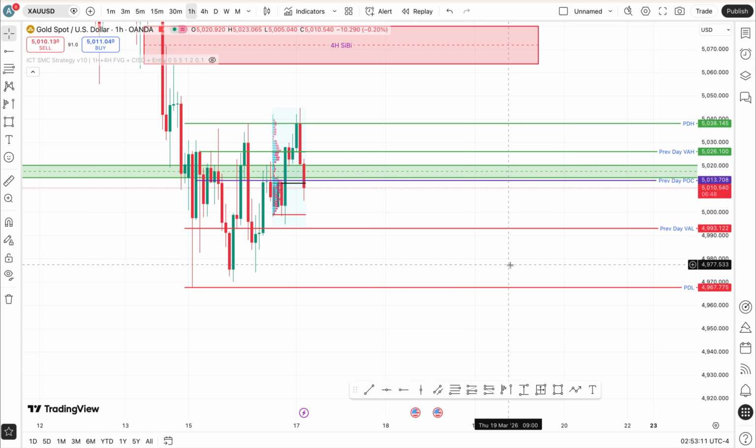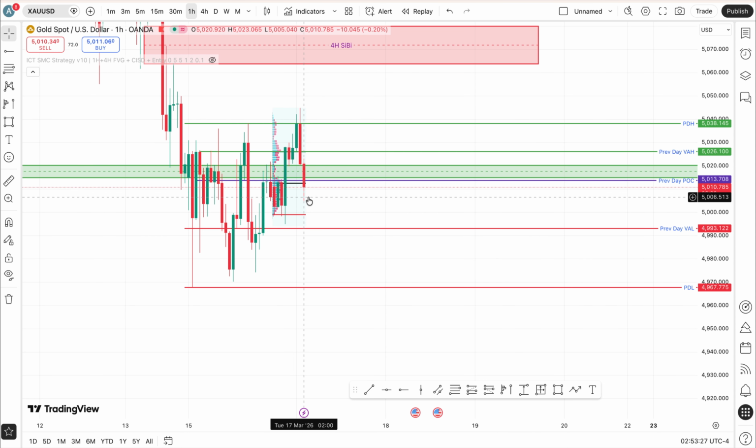Price is holding below PDH with a 1 hour bearish engulf, which means that the market could move down. Price is around today's POC, which means this is a level we'll have to understand if the market accepts the price or rejects it. And a daily void exists above, which could act as a resistance.